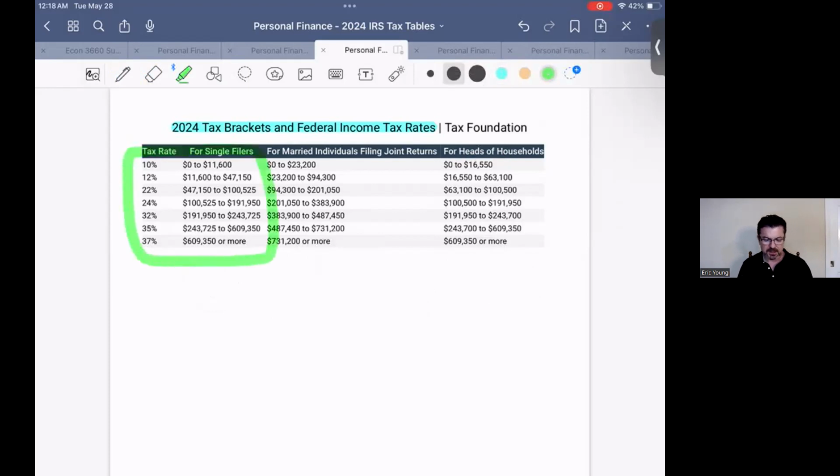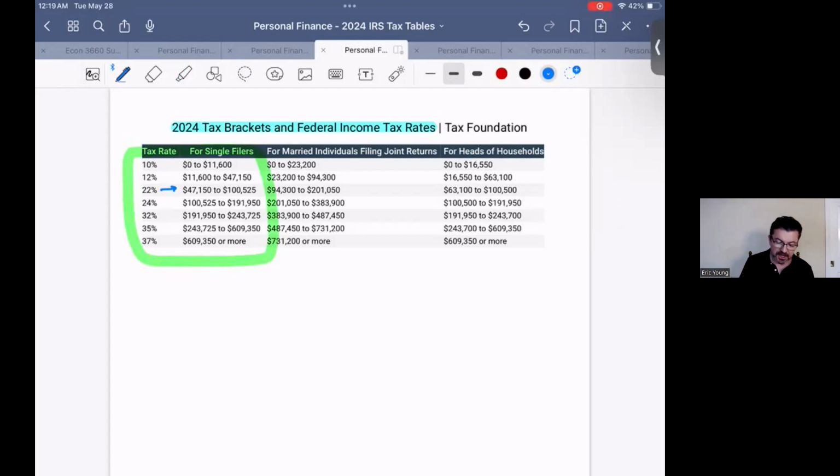Well, what does this tell us? Let's suppose that you're a single filer and that you have an income of $100,000. Well, $100,000 puts you in that bracket because 100,000 is between 47,150 at the low end and 100,525 at the upper end.